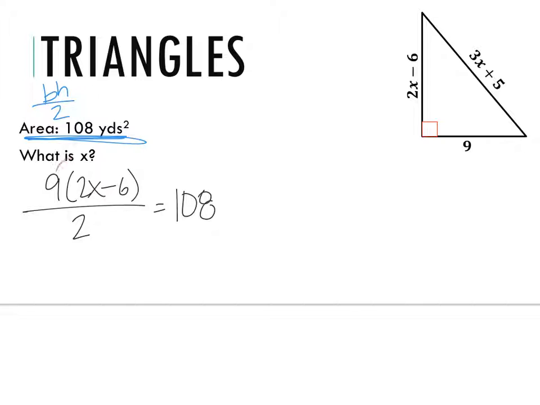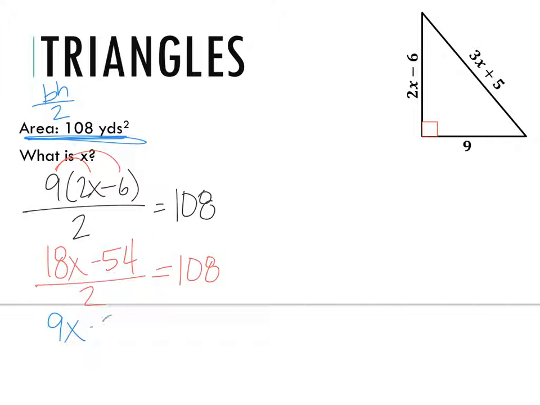So just like we did at the beginning, we are going to distribute this. And I'm going to keep simplifying the left side until I can't anymore. So I can do 18x divided by 2 to get 9x, 54 divided by 2 to get 27. So now I have a 2-step problem set equal to 108.